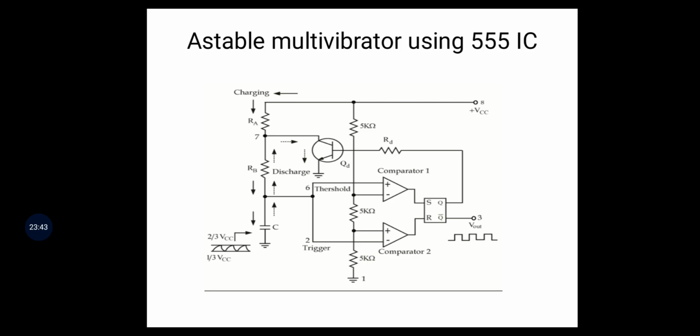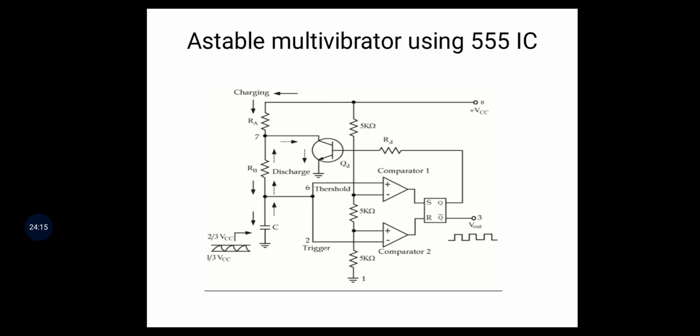The flip-flop output Q becomes high and the output at pin 3, that is Q bar, becomes low. High Q drives transistor QD in saturation, and the capacitor starts discharging through resistance RB and transistor QD.